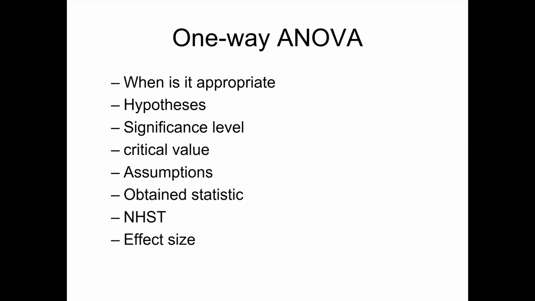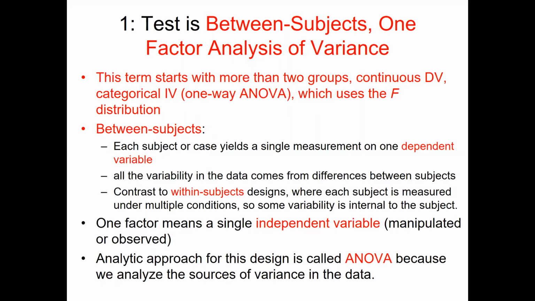And what I'm going to cover in this is when ANOVA is appropriate, how you set up the hypotheses, the significance level, the critical value, the assumptions, obtained statistic, null hypothesis, significance test, and effect size. I'm going to go over these very briefly because we will go over them in the first class in more detail.